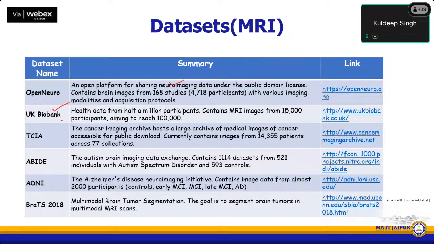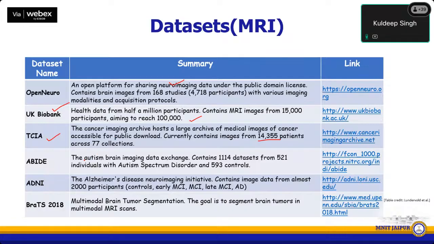Further, we do have UK Biobank, and in UK Biobank, they have almost 500,000 participants, and it contains MRI images of 15,000 participants, and it is aiming to reach 1 lakh. TCIA is for cancer imaging, and it currently contains 14,355 patients across 77 collections.